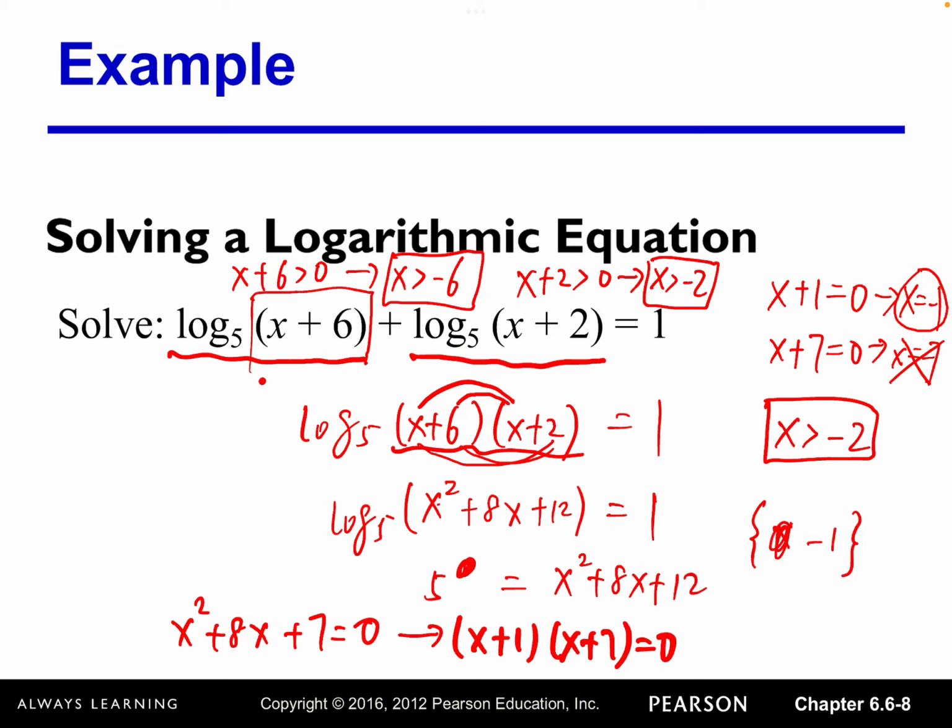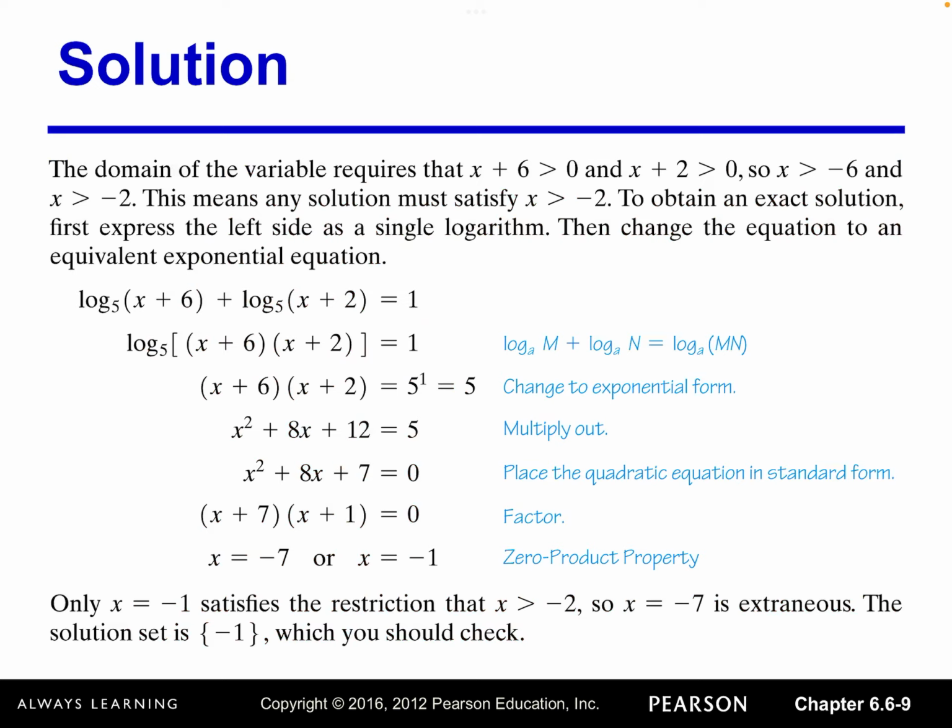Only one solution, which is x equals negative 1. You can look at the solution from the book. x equals negative 7 is discarded, and only one solution, negative 1.